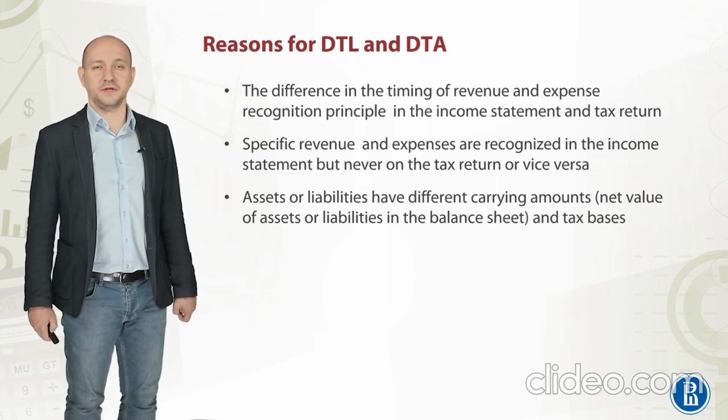Then, it could be specific revenue and expenses that are recognized in the income statement but never on the tax return, or vice versa. Assets and liabilities can also have different carrying amounts, the net value of assets or liabilities on the balance sheet, and they can have different tax bases, which again leads to this discrepancy.